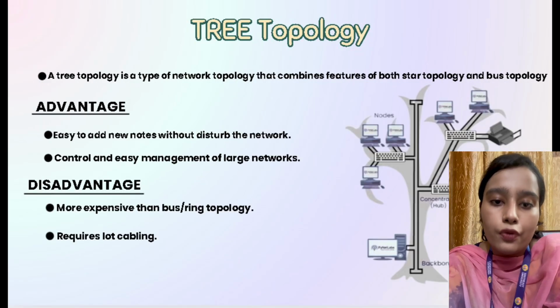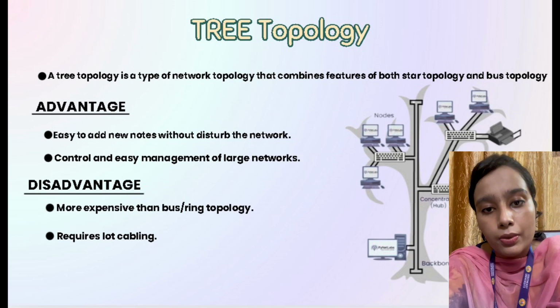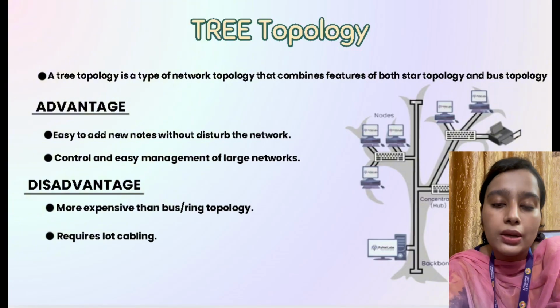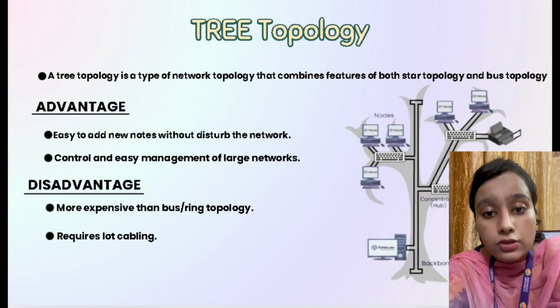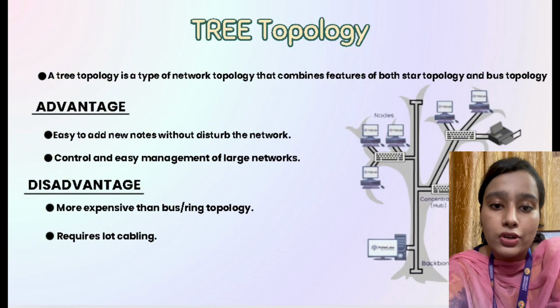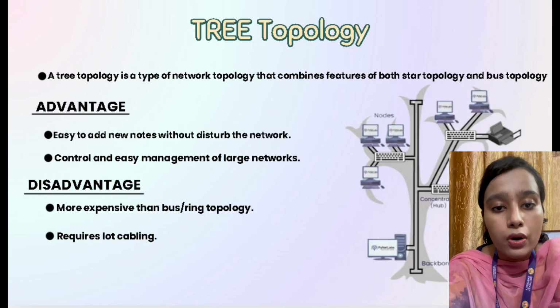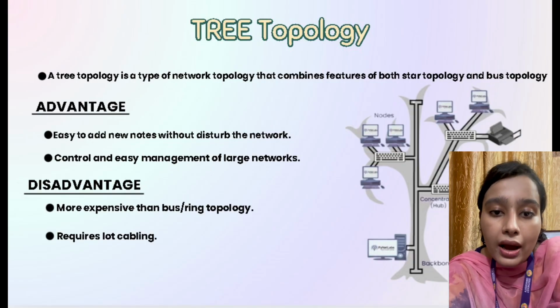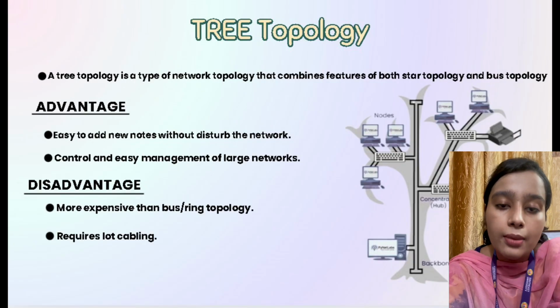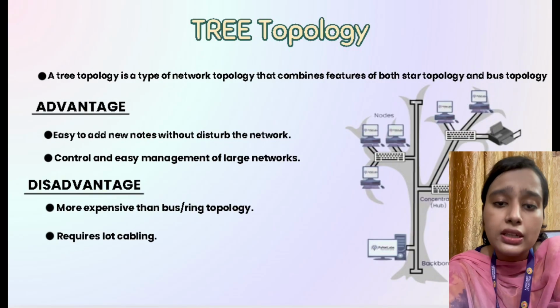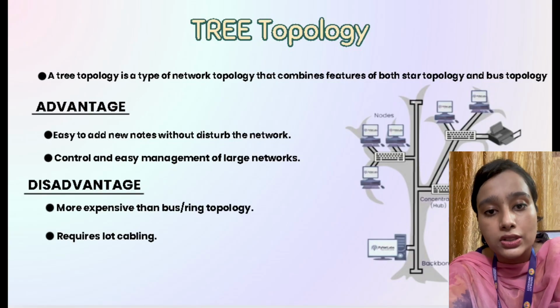So our fourth topology is tree topology. You can see in my slide, it looks like a tree because it also has branches and roots like a tree. So basically, tree topology is a network topology that combines the features of both star and bus topology. It also has some advantages and disadvantages.